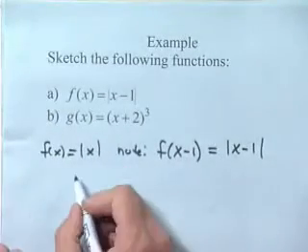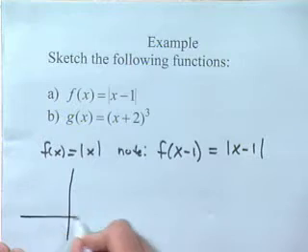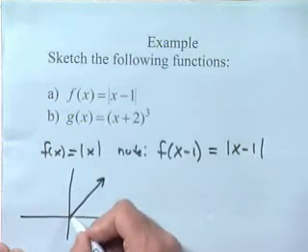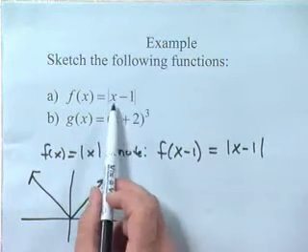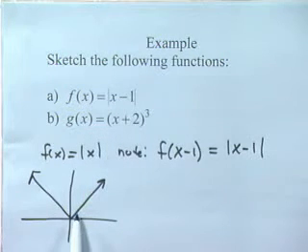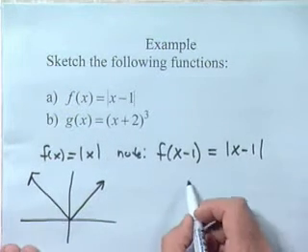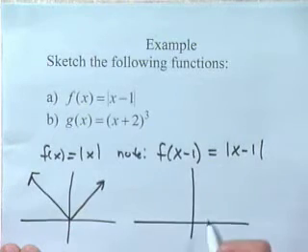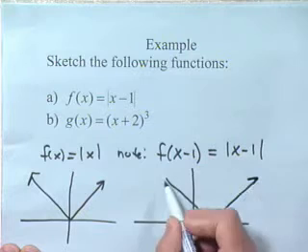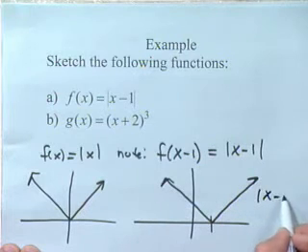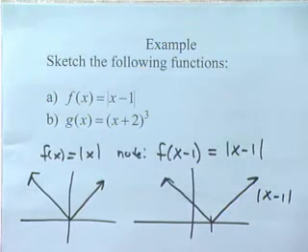We know what this absolute value looks like. That's one of our library of functions. That's the V. So the absolute value of x minus 1 is going to take this function and shift it to the right 1 unit. And that's all there is to it. There's the absolute value of x minus 1.